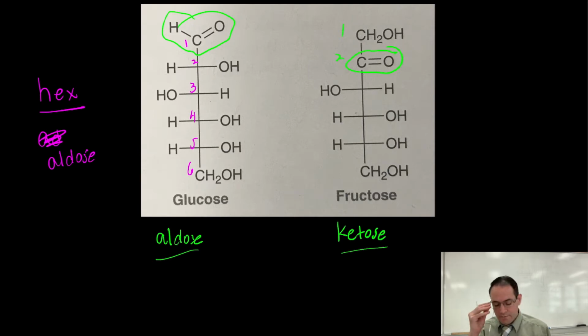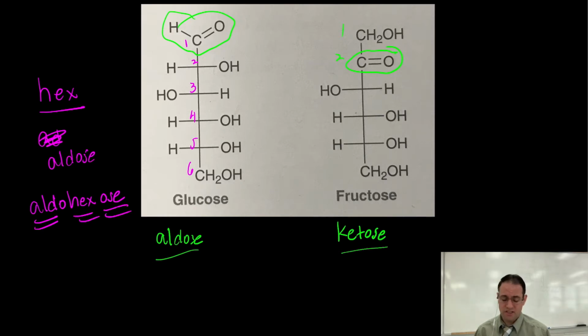And it is a monosaccharide. So we would name this Aldo Hexose. Okay, so ALD is short for aldehyde, we just have an O in there, and then hex is short for 6, right? And all of your sugars end in ose.